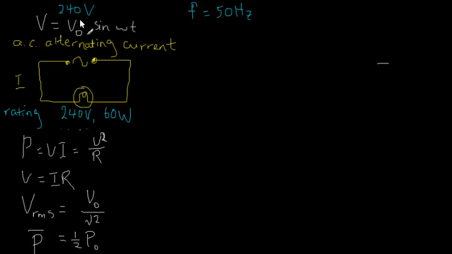So that's the first thing we must understand about the mains voltage when we learn about alternating current. This 240 volts is the RMS. Let me write this down here again just to be very clear. It's the RMS voltage.